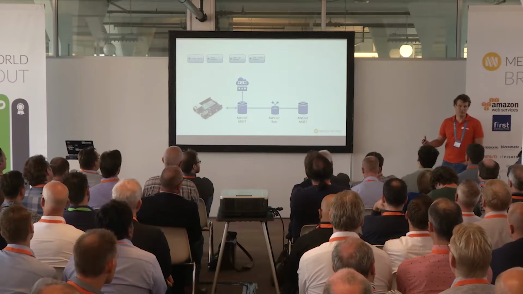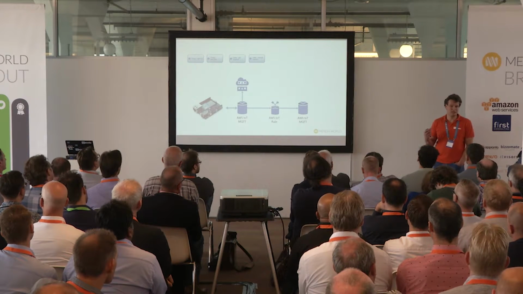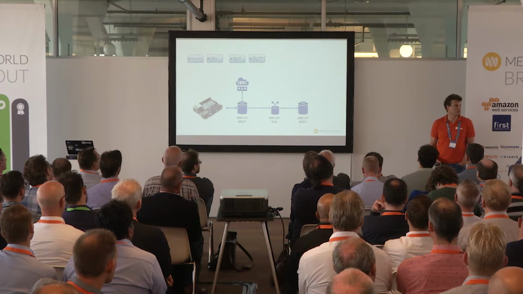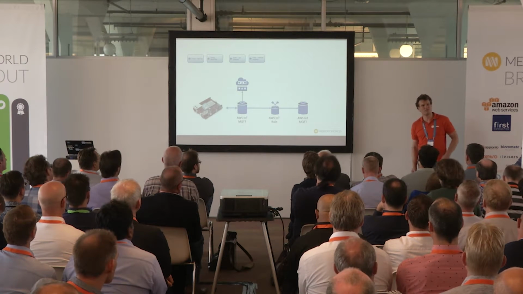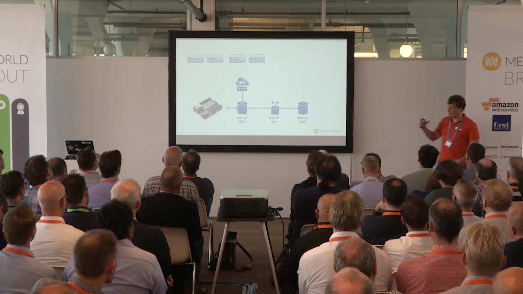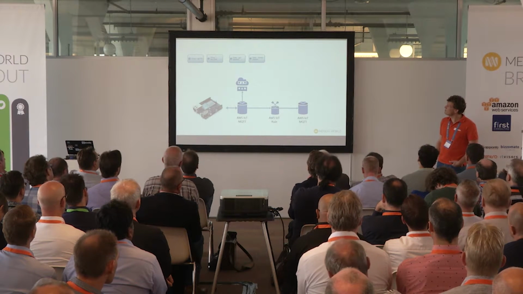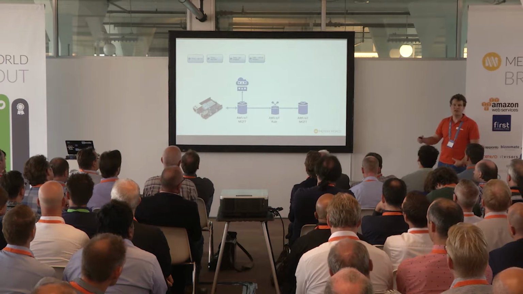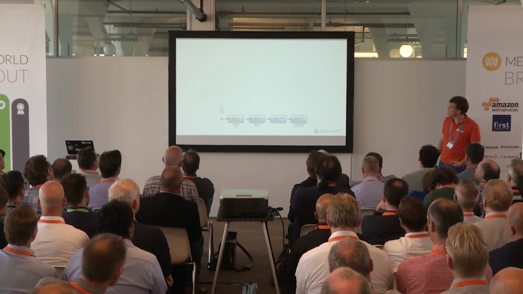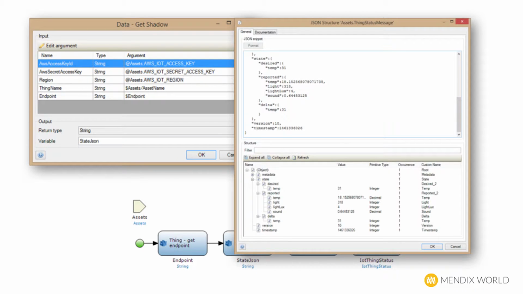It's an action. We could have also built this using our native REST API in the modeler, but this is just a little bit easier to use. So we've made it even easier by packaging it in an action. So you have 2 actions, one to get the status of the shadow of the thing, and one to update it. So what does it look like?